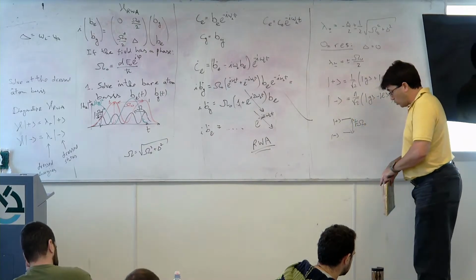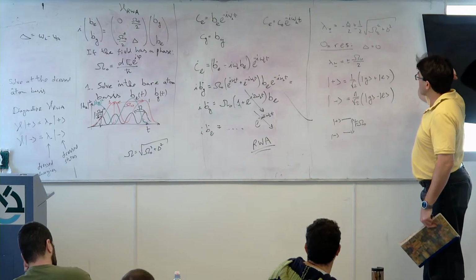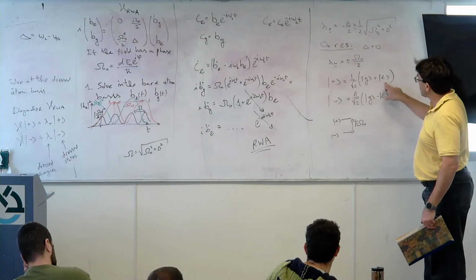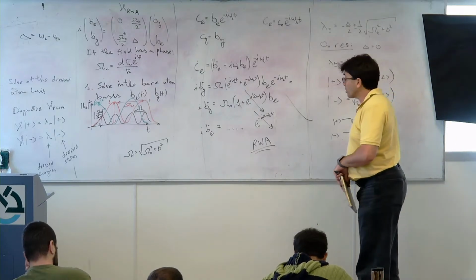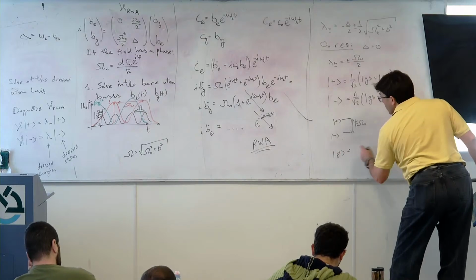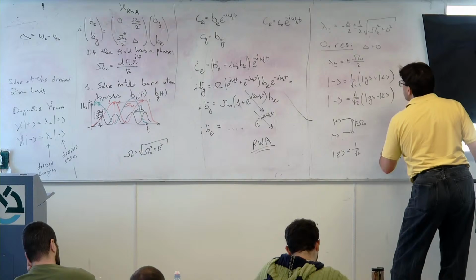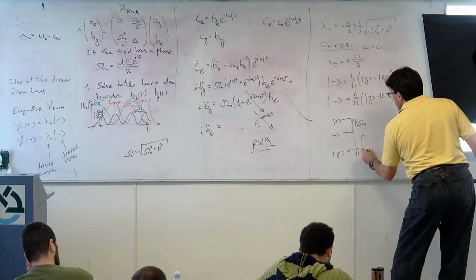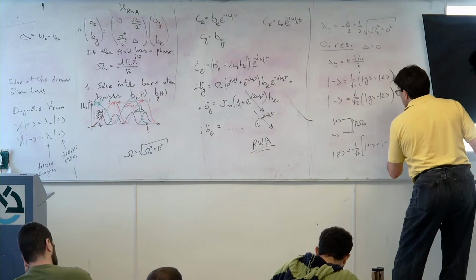And therefore it is no surprise that if I look at the ground or excited dynamics, I see this frequency there. Because the excited state is simply 1 over square root of 2 of this plus minus this.